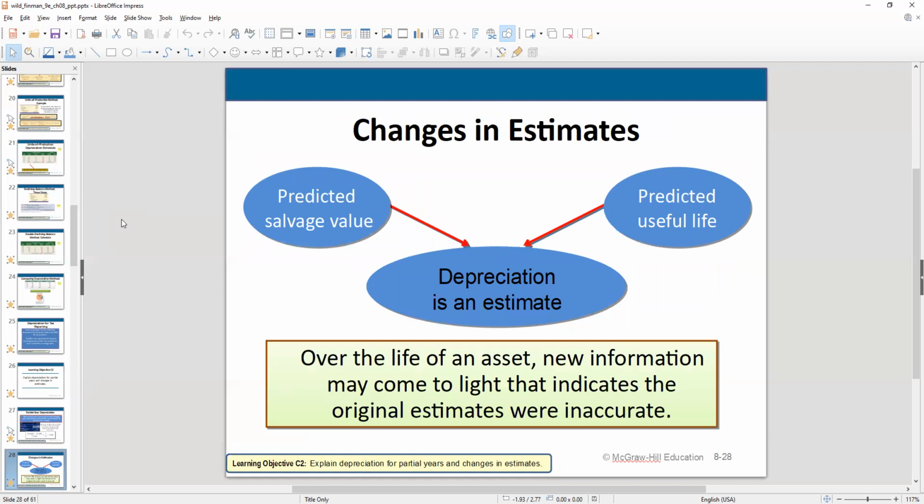Now, sometimes your depreciation estimates will change. Either you will decide that it's going to have a longer or shorter useful life, or salvage value may change. And a good example of salvage value changing is if you're basing your salvage value on taking it to the metal recycler, well, those prices change. It's a commodity. There was a time when China was buying up all the steel, and you could get 4 or 5 times the steel value of a piece of machinery than you could now.